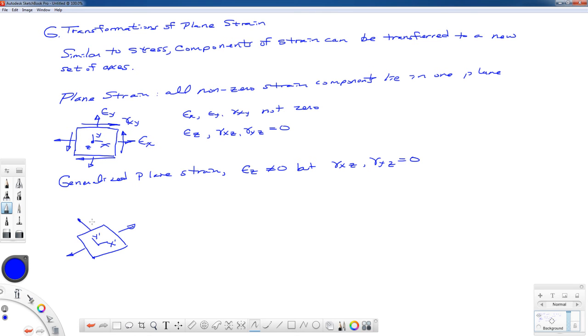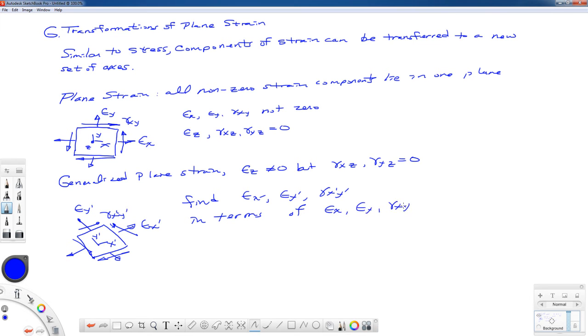And we will eventually be able to have some equations that tell us what epsilon x prime, epsilon y prime, and the shearing strain gamma x prime y prime are in terms of the original strains. Not only just those original strains, but the angle that this block is located at with respect to our original axis. So I can put in here theta.